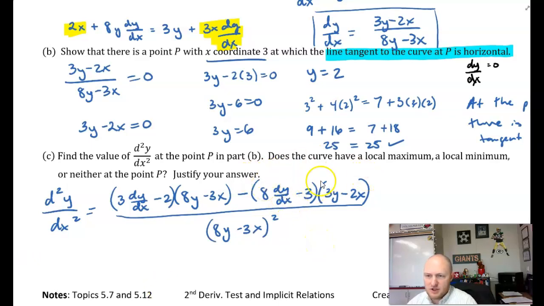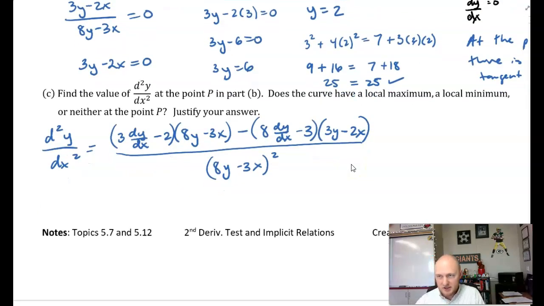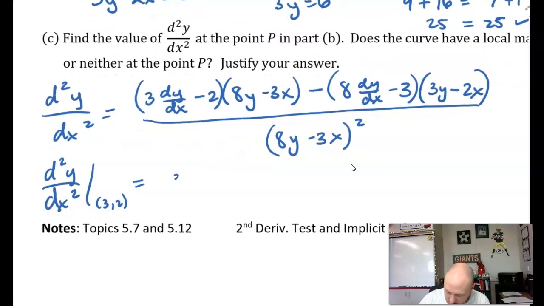Now what they want to know is, does the curve have a local maximum, a local minimum, or neither at point P? And again, the point P that we found in part B is the point (3, 2). So I'm going to evaluate the second derivative at (3, 2), plugging in all my x's and all of my y's. I have 3 times dy/dx, and at that point dy/dx there is 0.